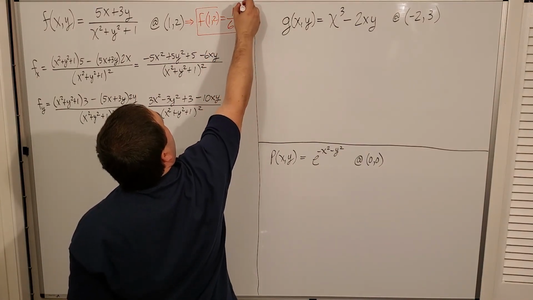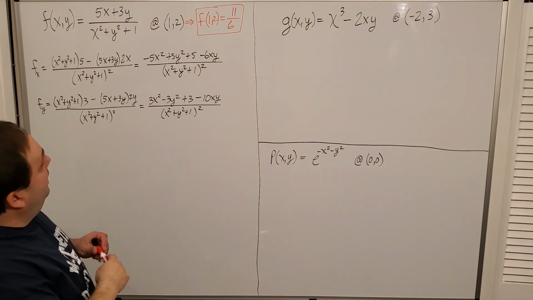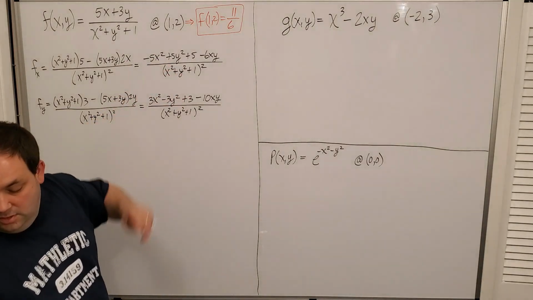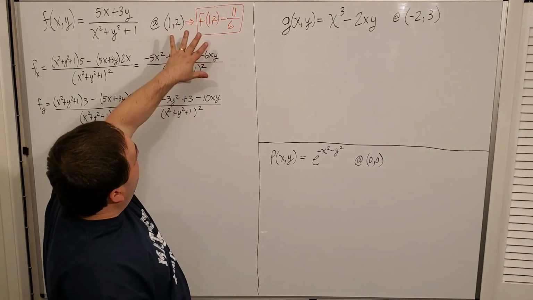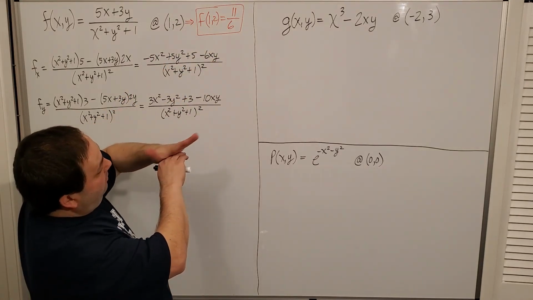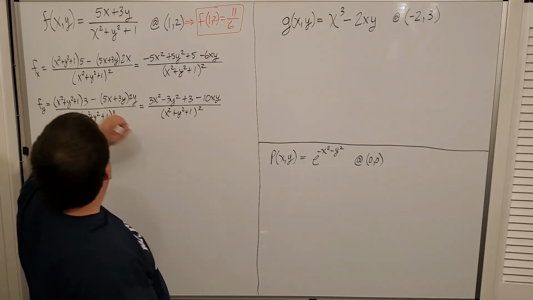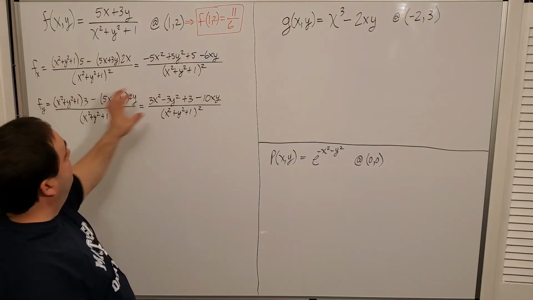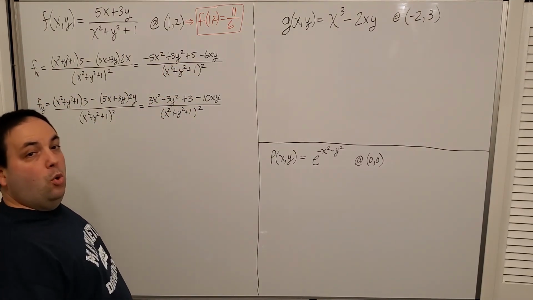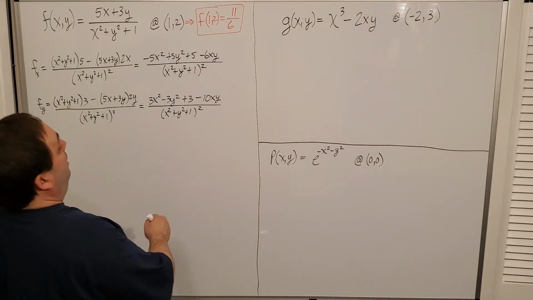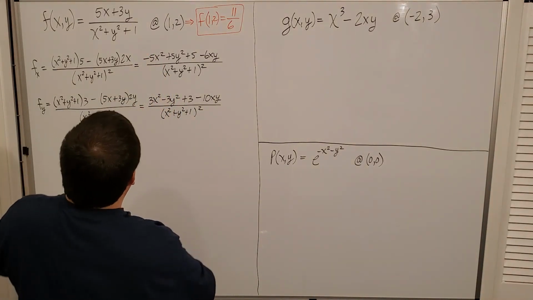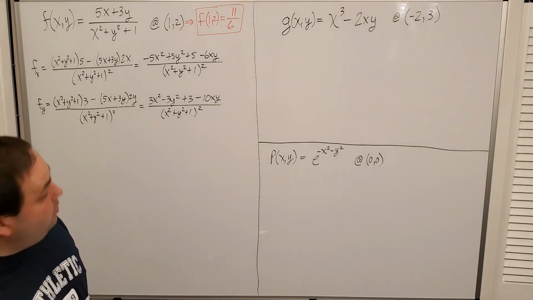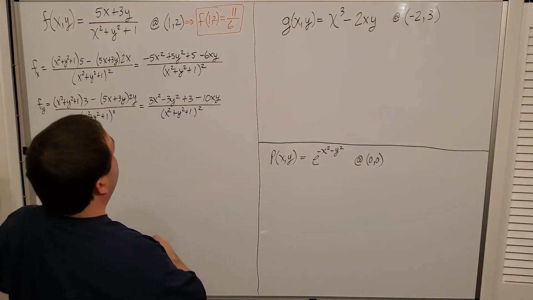Okay, so I've got my z value now. The location on the surface where this point actually resides, right? So that's the point that I'm making the tangent plane to. I've got my partial derivatives so that I can set up my normal vector at the point 1, 2. Okay, so let's go ahead and compute those as well.